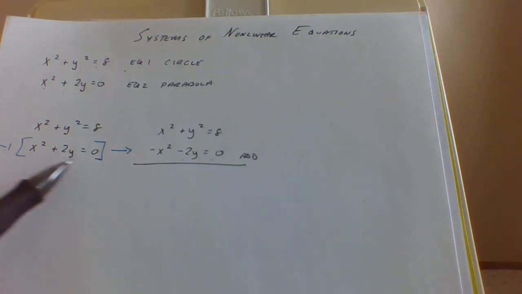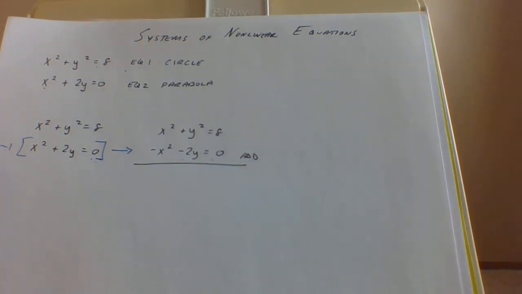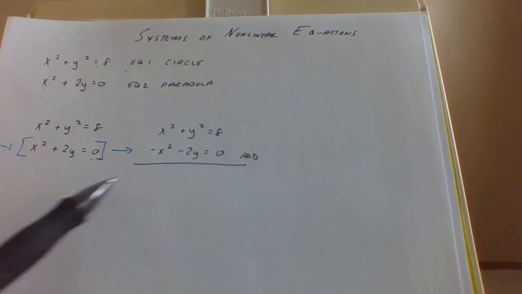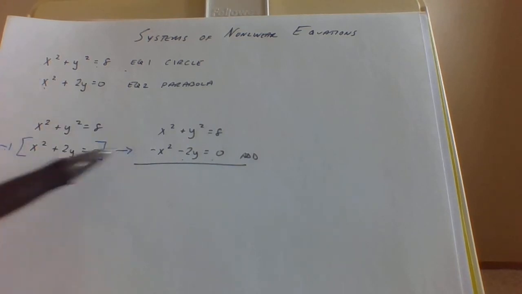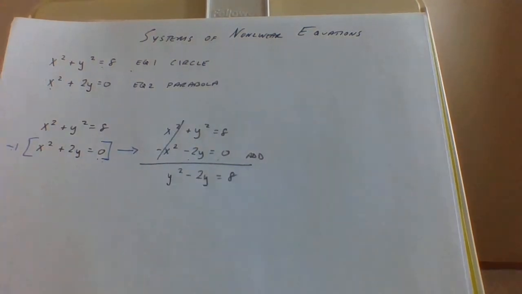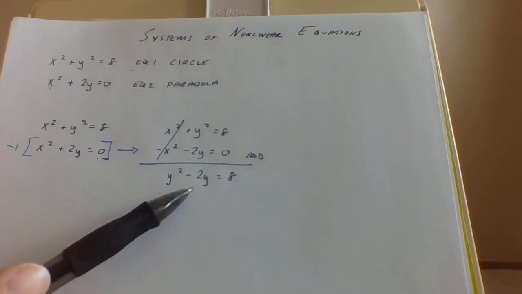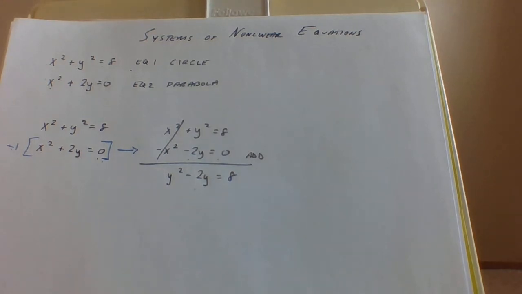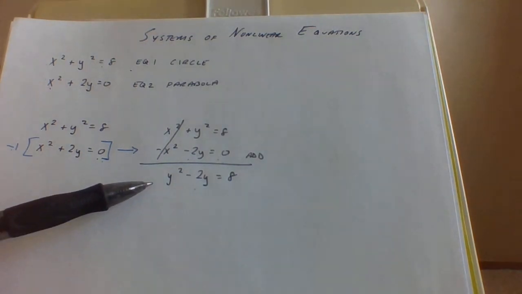Remember that I'm still multiplying my right-hand side of this equal sign by this -1, but anything times 0 is still going to give me 0 right back. Now I can go ahead and add my equations together. When we do that, we're going to get y squared minus 2y on the left and 8 on the right-hand side. Notice now that you have a quadratic.